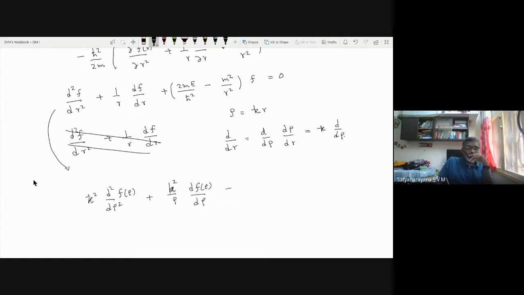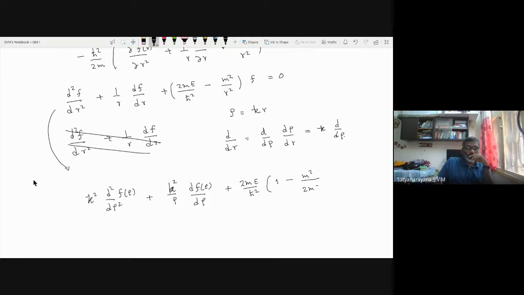Then I will write this as twice mE by h bar square. I pull out, then I get 1 minus m square divided by, I have to write down twice mE by h bar square here also.